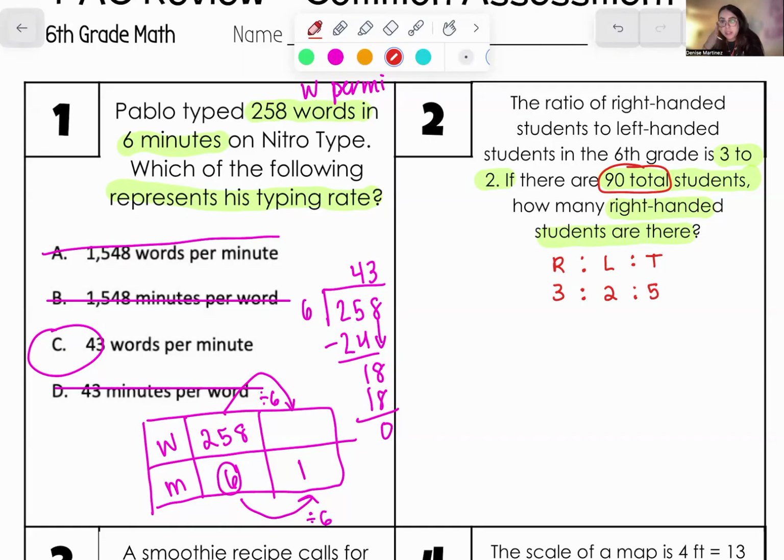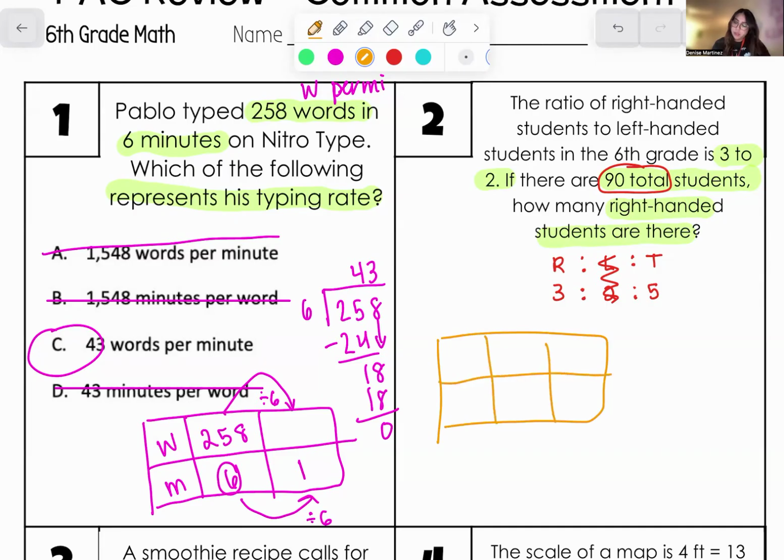There's extra information here now that I don't need. I don't need the number of left-handed students. So I'm going to get rid of that so I don't get confused when I'm setting up my proportion. So now I'm going to go ahead and set up my proportion. So I have right-handed to total.